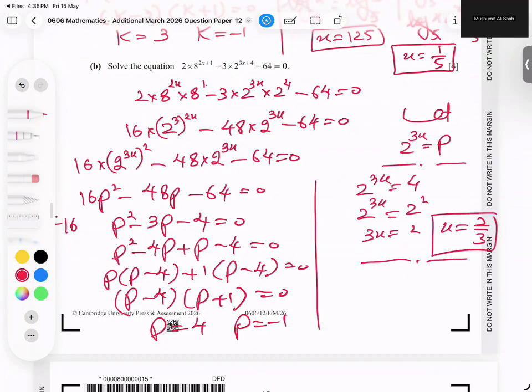Now the second part: I'm going to plug this in here. So 2 to the power 3x is equal to negative 1. So how to bring this down? Bring the power down, take log. And log of a negative is not possible, so that is why there is no solution. And I can tell you directly, no solution. We have done, and we got one answer only. I hope the point is very clear.